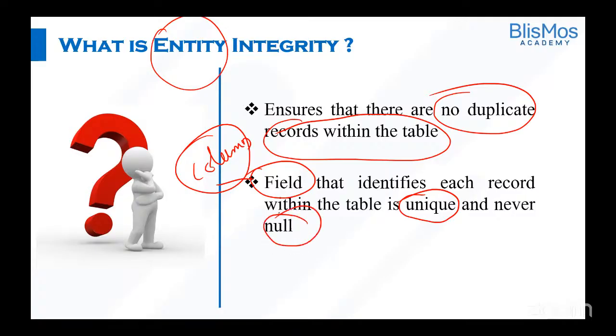In a way, entity integrity is borrowing the aspects from one more key. I'll not reveal that key. So first and foremost, entity integrity or table integrity ensures that there are no duplicate values, and the column that identifies each record should be unique and never be null.